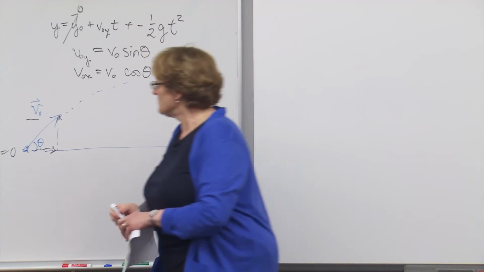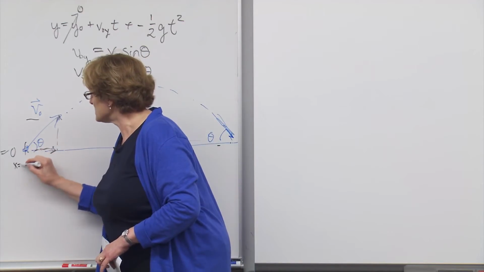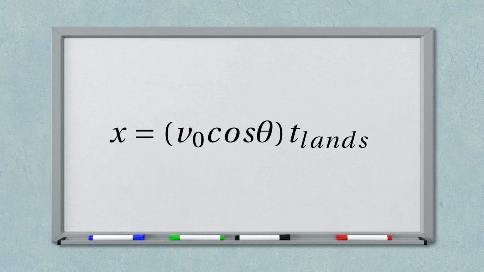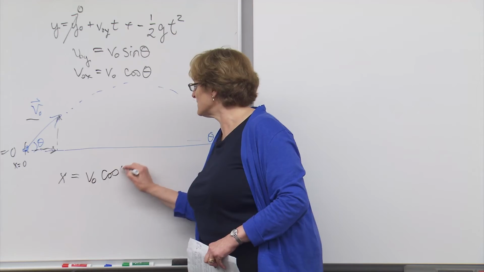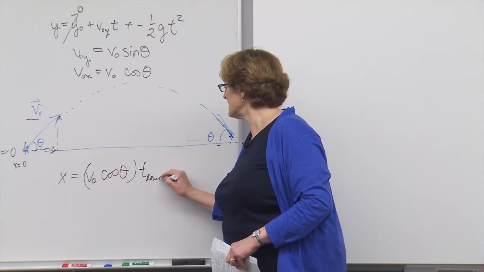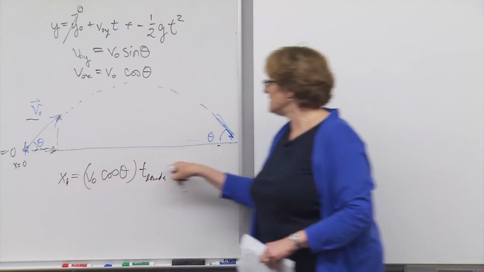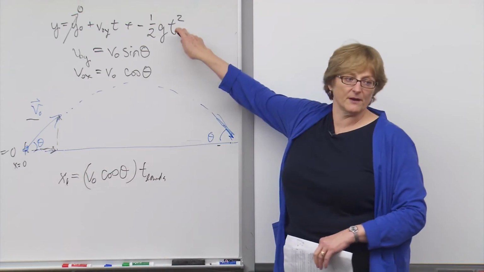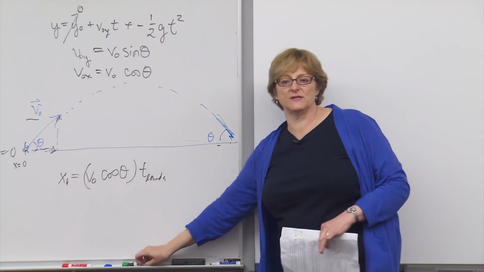And personally, I would just choose x equals 0 here as well, right? So where it lands is v0 cosine theta, the x velocity, times the time that it lands. The time it lands is this, and you solve from there. So that's how you do these kinds of equations.